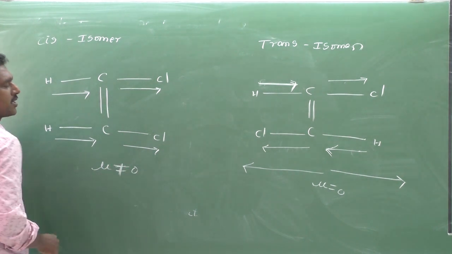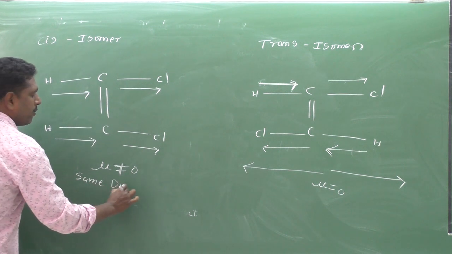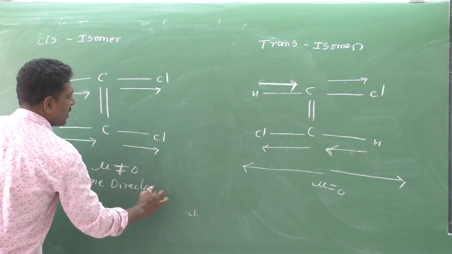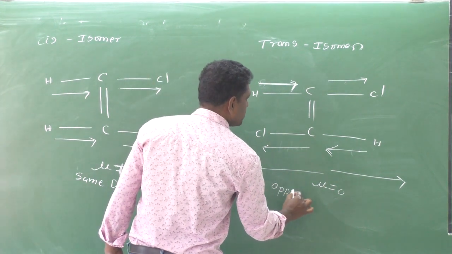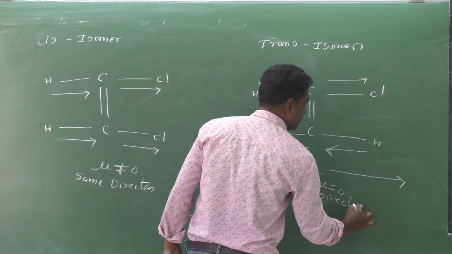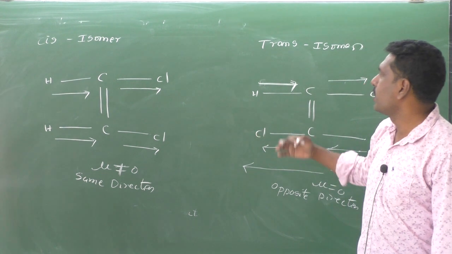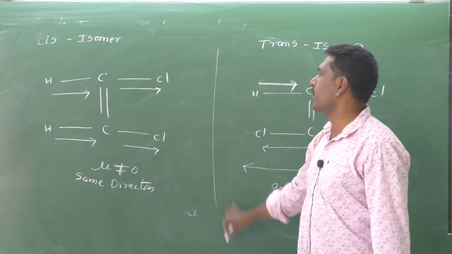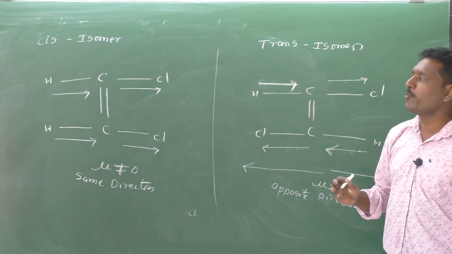So for the same direction, the bond moments are in the same direction. In the trans isomer, the bond moments are in opposite directions, so both will get cancelled. So what is the use of this dipole moment?